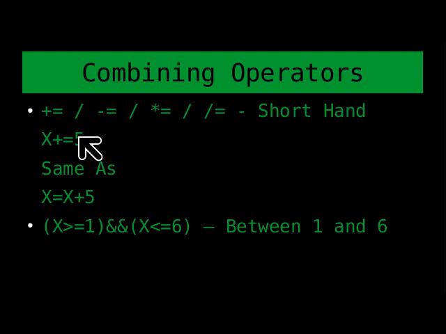You're going to add whatever value it is over on this side. So if x is 5 and we ran it through this, it'd be the same as x equals 5 plus 5, which means x will be 10. 10 will be assigned to x.